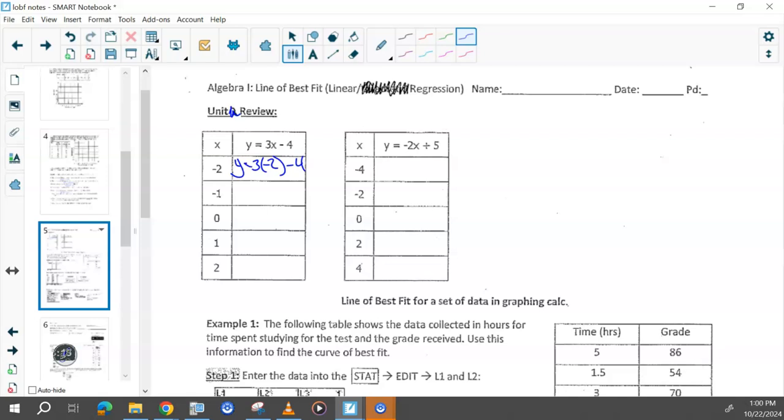And then I would figure out what 3 times -2 is and then subtract 4. So that would give me -6 minus 4, which would be -10.